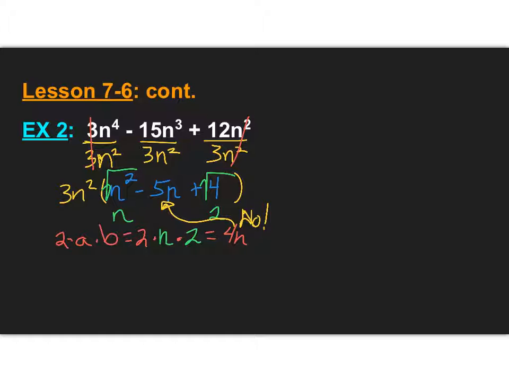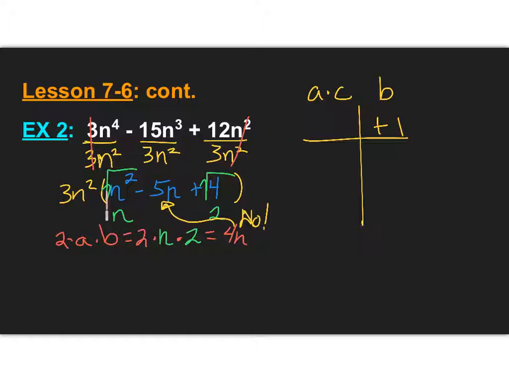We have to treat it as if it's a regular trinomial, which means we're going to use our t-chart and we're going to use grouping. So your a, be really careful, your a here is the coefficient of the n squared term.